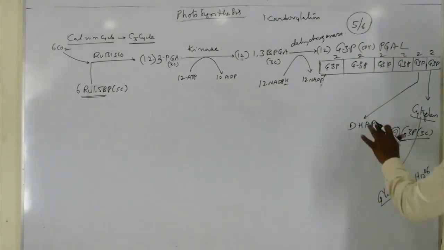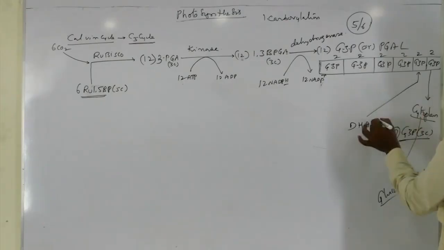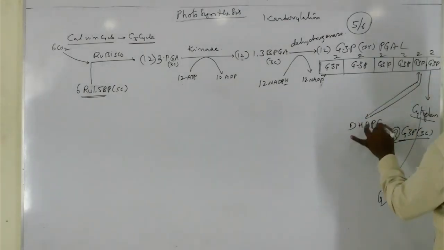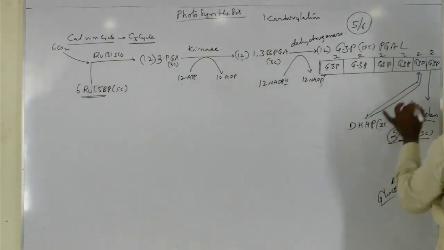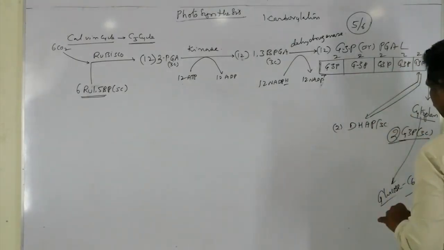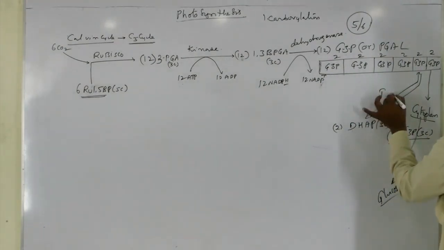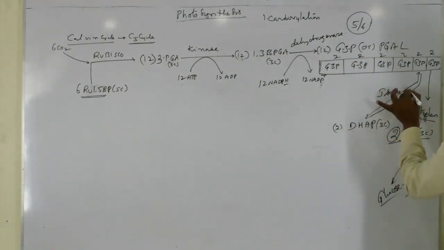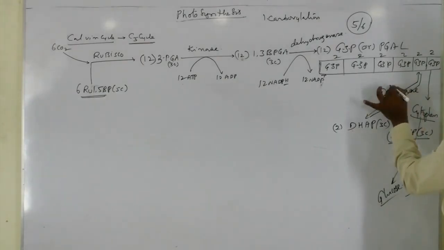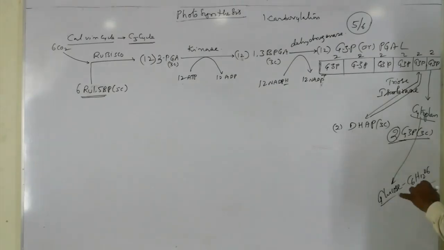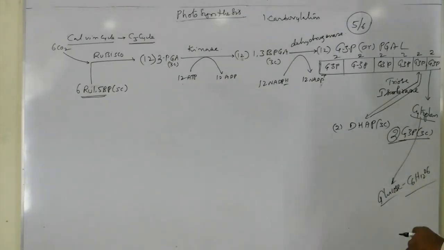G3P and DHAP are isomers, with 3 carbons each. The G3P is converted into DHAP in the presence of the enzyme triose phosphate isomerase.